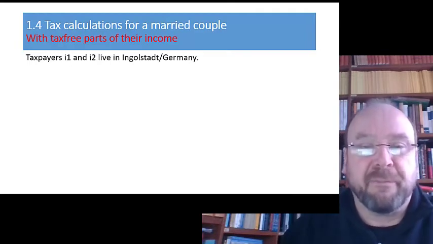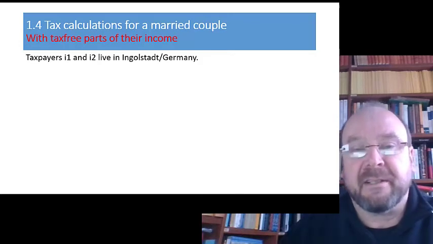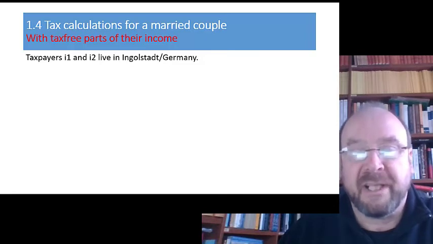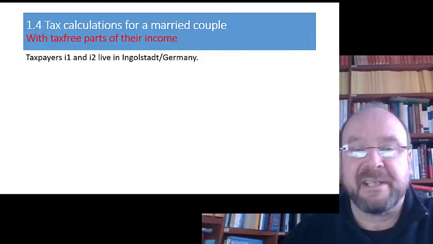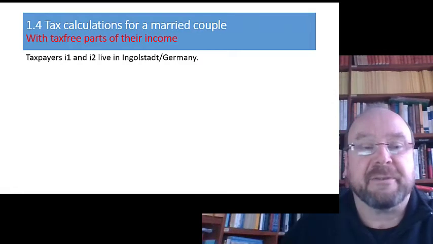Because you remember, when somebody had tax-free income, then that remains tax-free. But for the computation of the tax rate, one wants to determine how wealthy a person really is, so that then an auxiliary calculation is necessary. So let's look to the case situation.